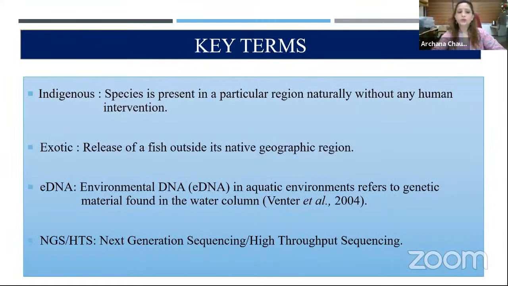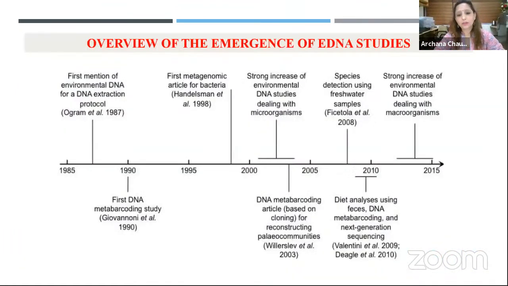Before I go further, the key terminologies that will be used during the presentation are indigenous, which everybody knows is a scientific terminology used for any species which is present in a particular region naturally. Similarly, exotic means any species, here the fishes, which is not native to the geographical region, but has been introduced into that particular region. eDNA, I hope now everybody knows what it is, and NGS and HTS, again, I know that everybody is familiar with.